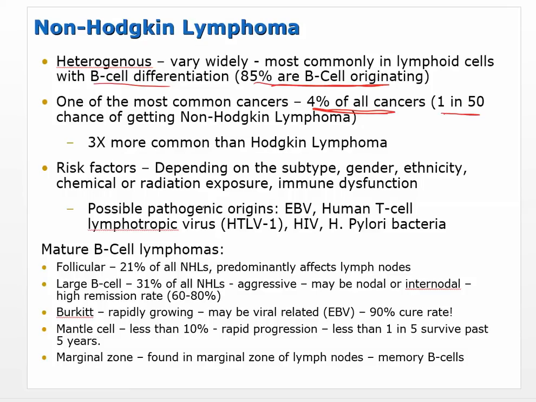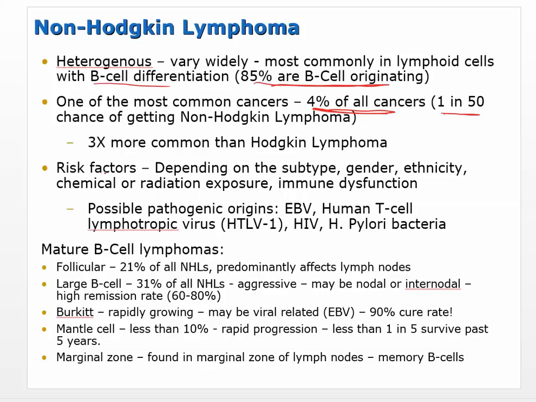Okay? It's 3 times more common than Hodgkin. And the unfortunate thing is that Hodgkin is actually easier to treat than the non-Hodgkin. So the non-Hodgkin is 3 times more common, and unfortunately it's less able to be treated. Still very treatable though.